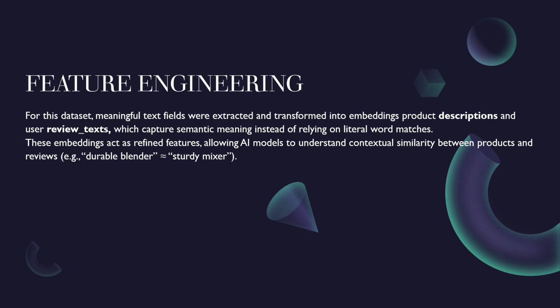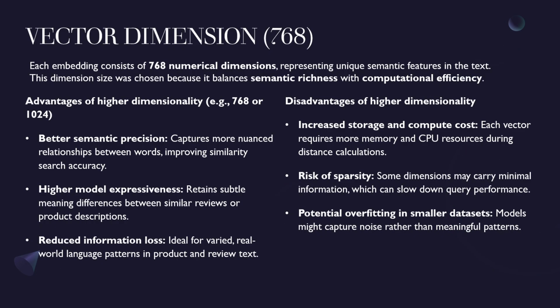Here it is more vague and ambiguous, and you can just look up by semantic search, which is the ANN that we were talking about in class. These embeddings act as refined features, allowing AI models to understand contextual similarity between products and reviews. So for example, durable blender is kind of similar to sturdy mixer, but it's not the exact same.